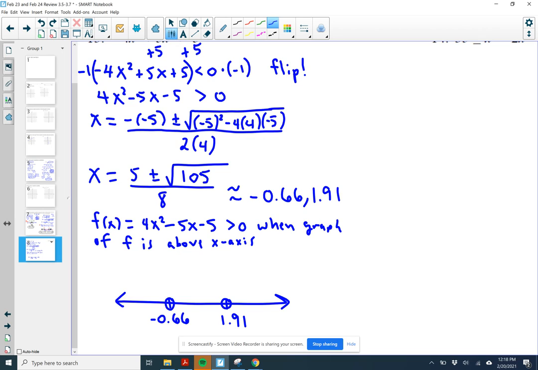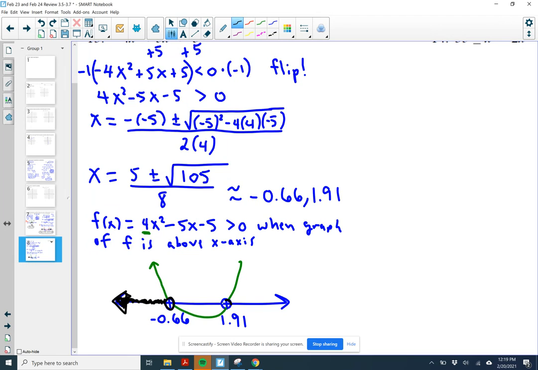And we are looking at a quadratic that opens, let me use green this time, upward, because A is positive 4. It'll go way lower than that, but I just need to know that it's below. And where's it above? Over here on the left of negative 0.66.